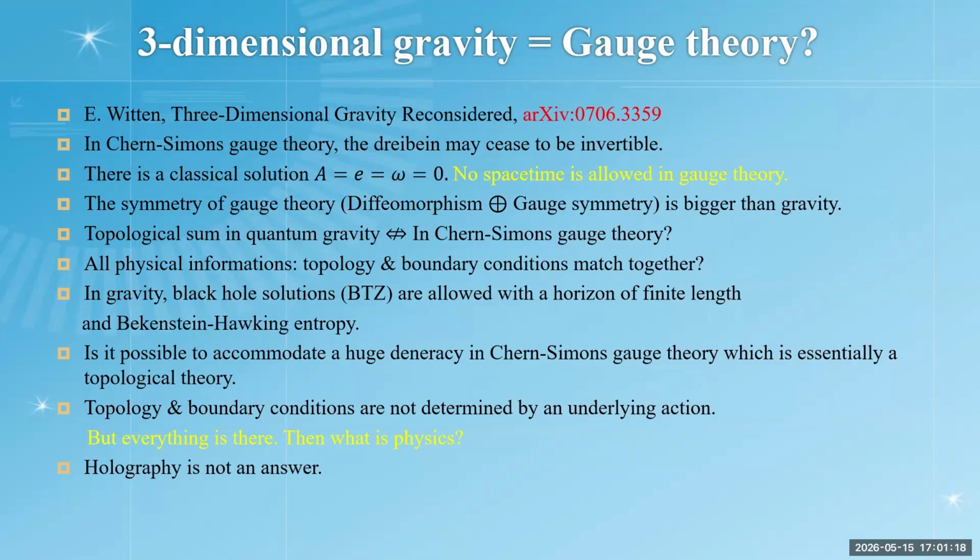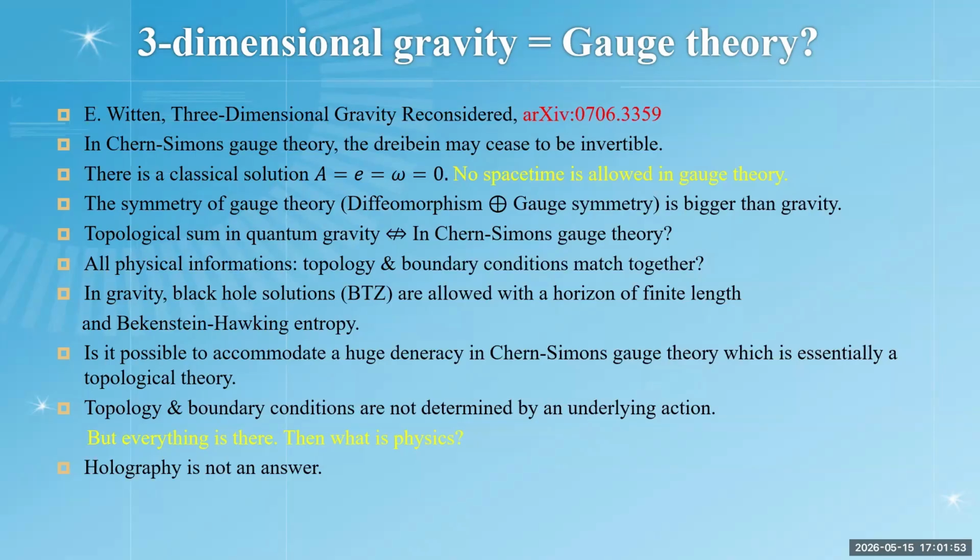Also, in gravity, we know that a black hole solution exists, right? This is the so-called BTZ black hole. And the BTZ black hole has a finite horizon, also a finite Bekenstein-Hawking entropy. Then there's a question. If three-dimensional gravity, including this black hole solution, is equal to Chern-Simons gauge theory, then is it possible to accommodate the huge degeneracy of this Bekenstein-Hawking entropy in Chern-Simons gauge theory?